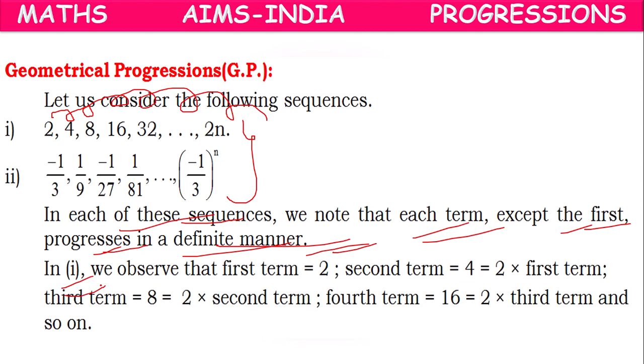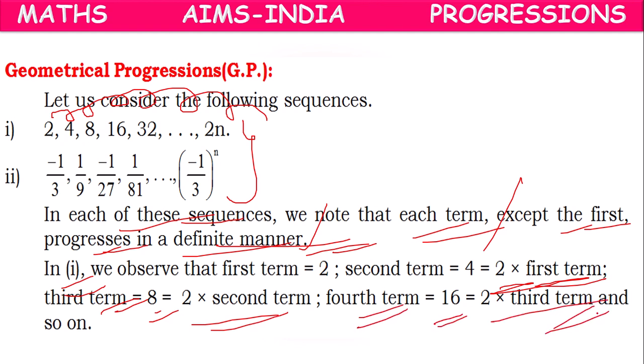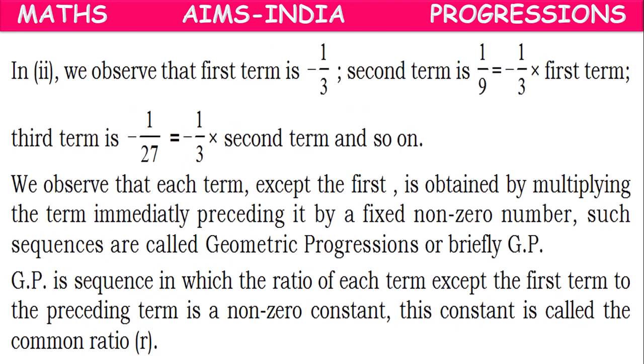In the first example, the first term is 2, the second term is 4, which is 2 into the first term, the third term is 8, 2 into the second term, the fourth term is 16, 2 into the third term, and the nth term is 2 into its before term. Actually, we have to multiply its before term. Like that, each term except the first term is progressing in a definite manner, so it is a geometric progression.